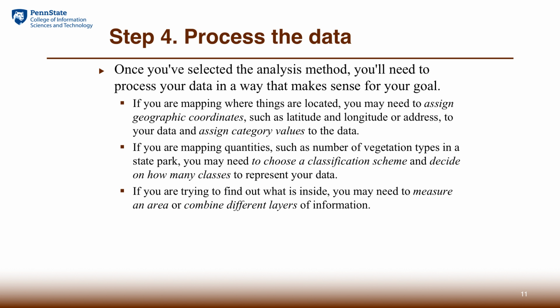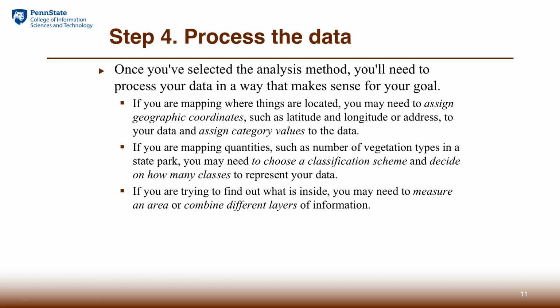After the method of analysis is chosen, you have to implement that method by dividing it into a number of processes and tasks, and that depends on what makes sense to achieve your analytical goal. For example, if you want to map where things are, the first challenge is to assign the features to coordinates. We may have to assign categories.